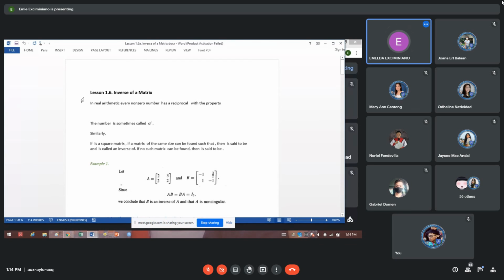So last time, we ended up discussing the Gaussian elimination. So we'll be needing it also in the discussion of determinants. But before we can proceed to that lesson, determinants, we need an introductory topic to that, and that is what we call inverse of a matrix.